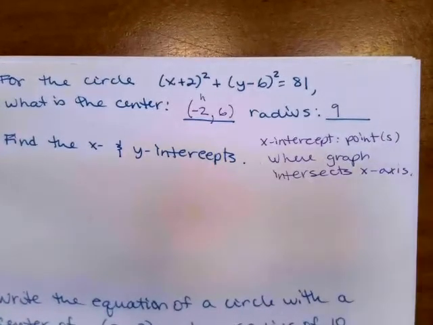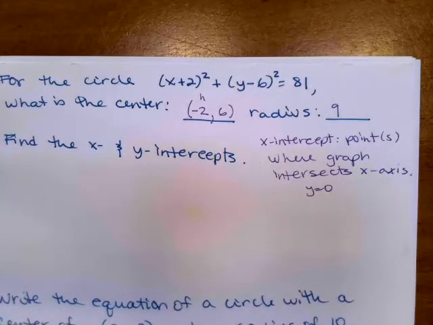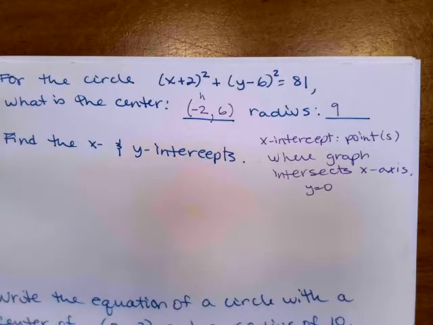The thing that's true there is that the y value is 0. So if we're looking for the x-intercept, we find it by plugging in y equals 0 and solving for x.